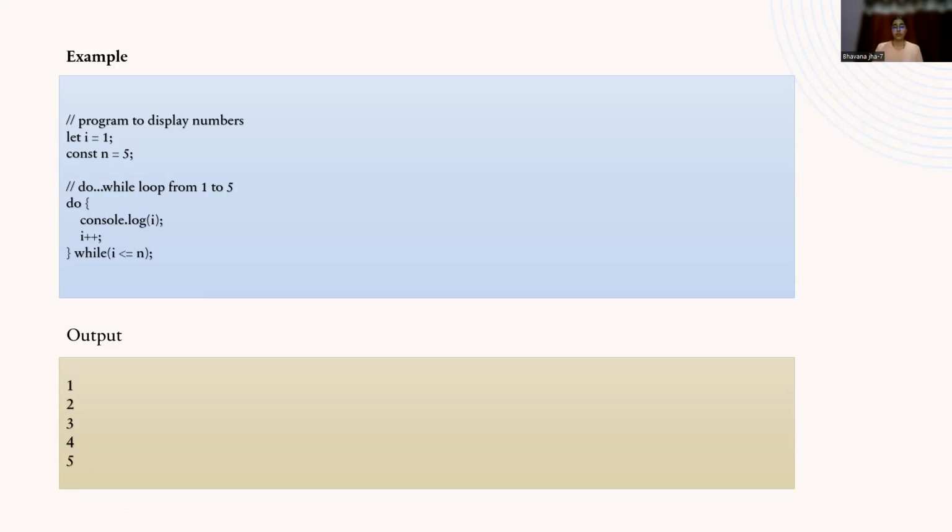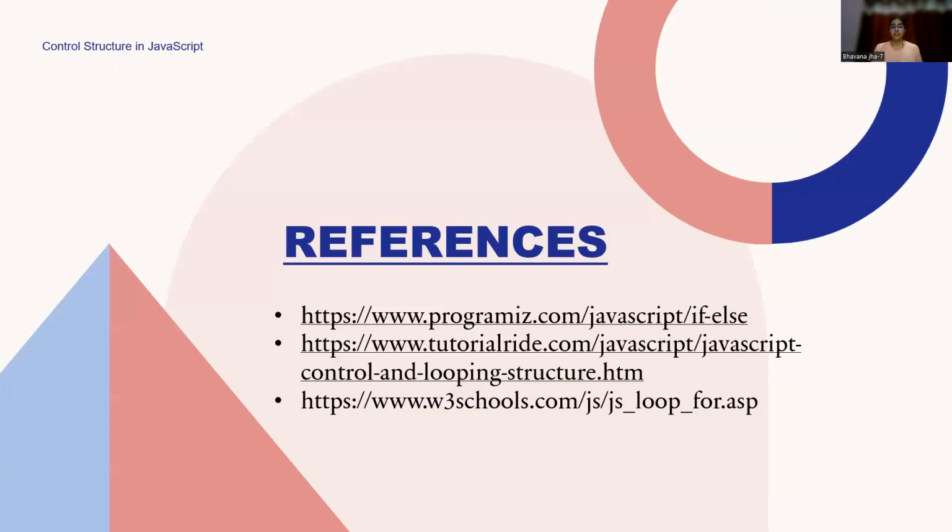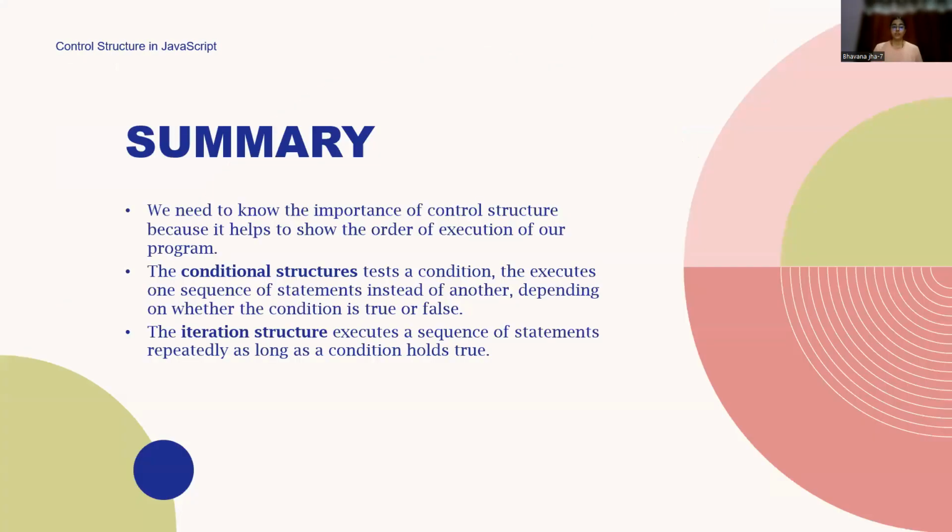This is all about our looping control structure statements. These are the references I used to prepare this PPT. For the summary of control structures in JavaScript, it is important to know them because they help us show the order of execution of our program. So we need good knowledge of control structures for designing a web page.